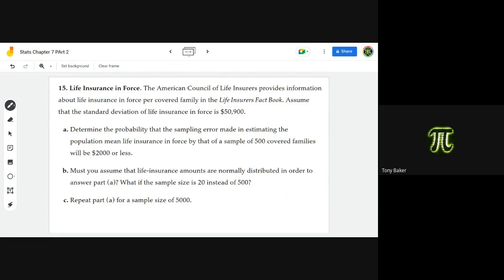So I couldn't do a sample size of 20. What if I did a sample size of 5,000? What would happen? I'm not going to have you do it, but what would happen? The standard deviation will get smaller. I'll do it real quickly.